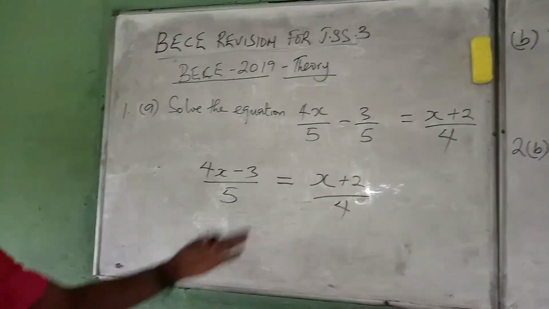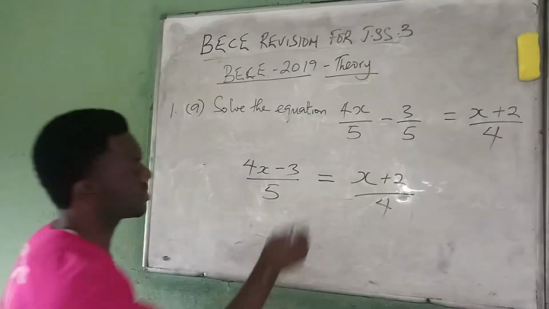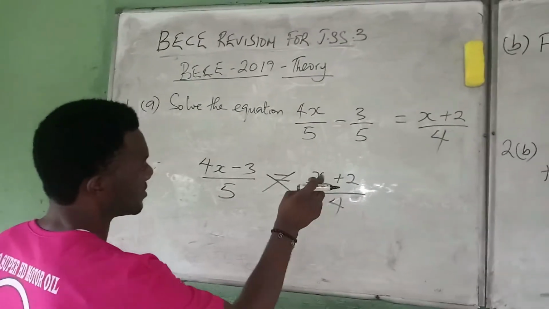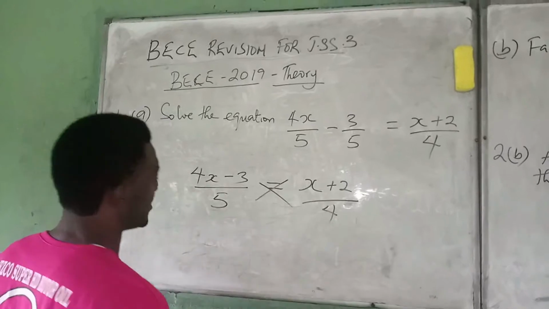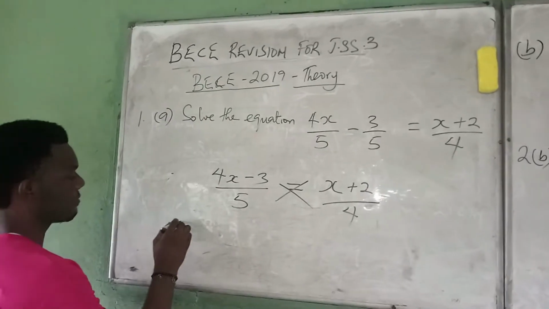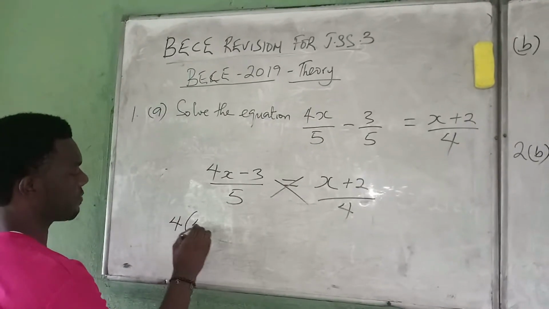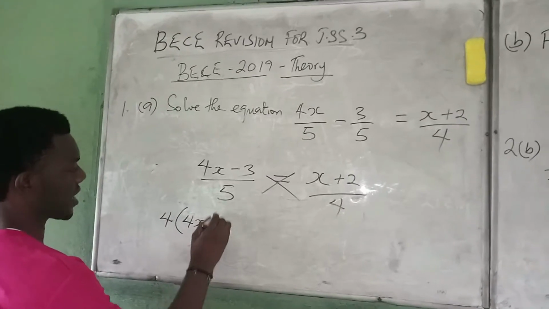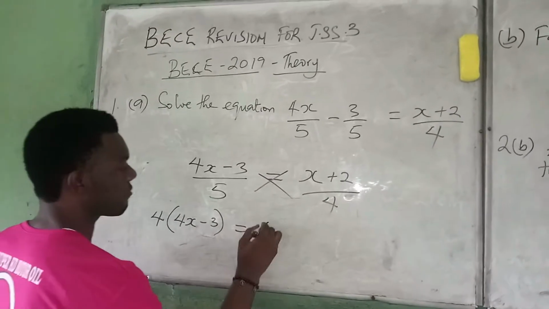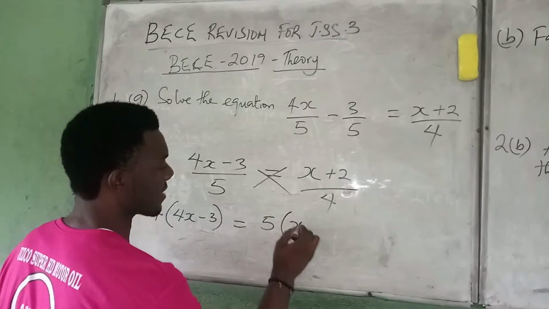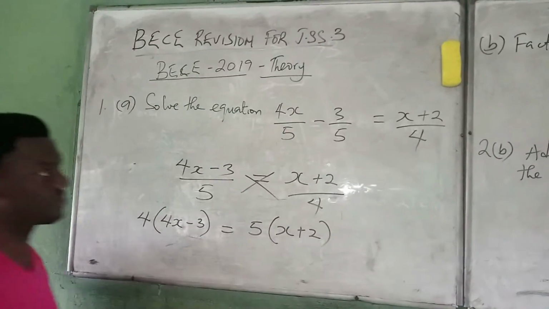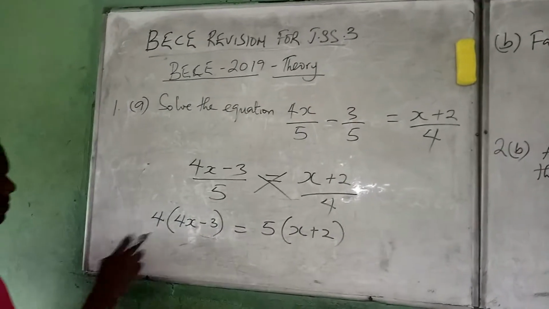Remember what you did the other time? This is just cross multiplication. You cross multiply. So now we have 4 bracket 4x minus 3 is equal to 5 bracket x plus 2. That is cross multiplication. So you remove the bracket.